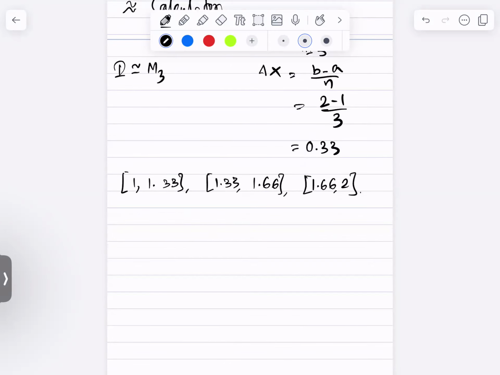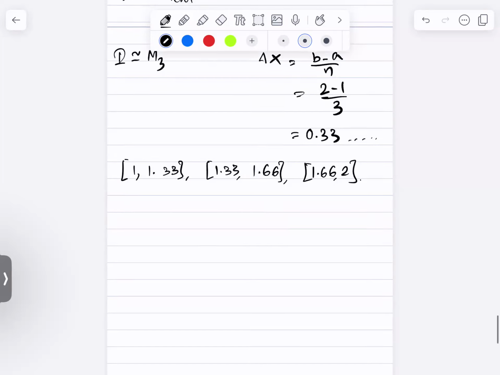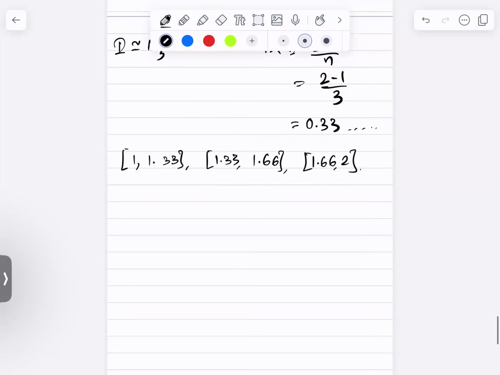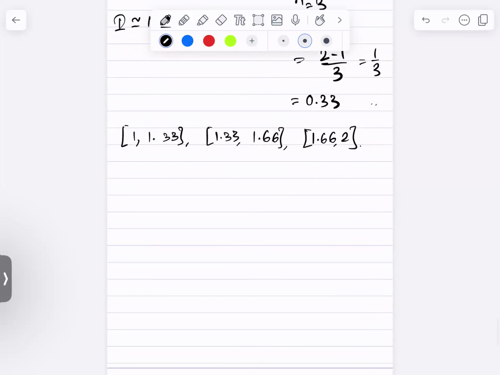There is some error in this because this should go till infinity, 0.3333 and so on. We don't want to work with that continued fraction in some sense. Therefore, we'll just approximate it like 0.33 there. If you want to be more precise, you just keep it as 1 over 3 and then work with that. That should also work.